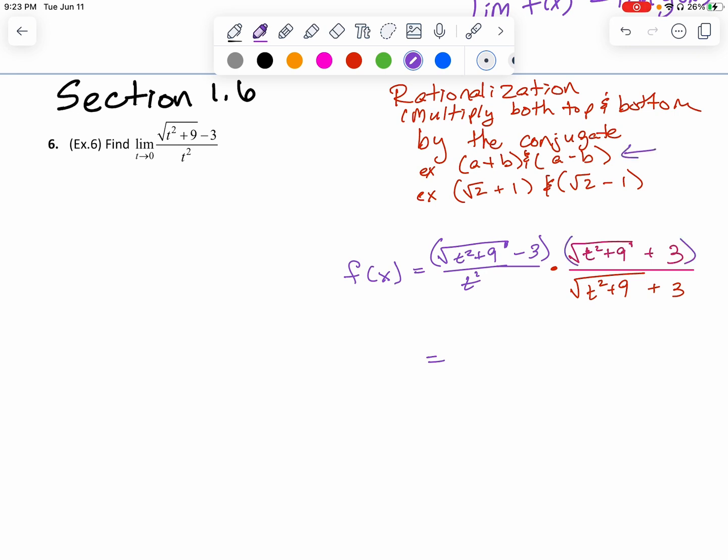So when I multiply a plus b and a minus b, that's really a squared minus b squared. So the square roots go away. So this is my a, that gives me t squared plus 9, and the square root is gone, minus my b, which is 3 squared.